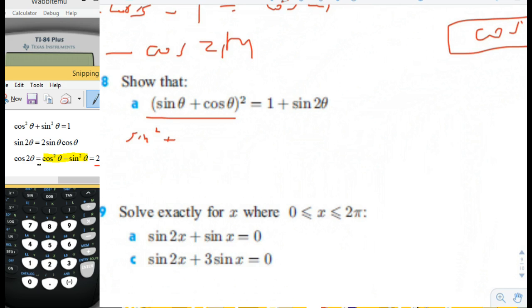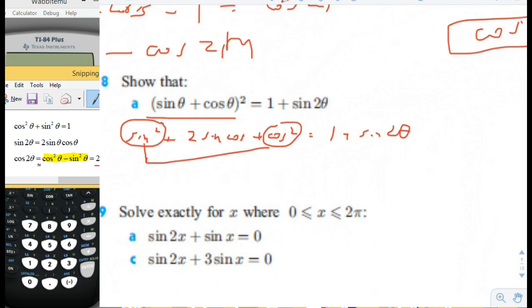That's not the answer. It's sine squared plus 2 sine cosine plus cosine squared equals 1 plus sine of 2 theta. And remember, sine squared plus cosine squared is equal to 1 as long as the two angles are the same. So it's 1 and then plus 2 sine theta cosine theta.